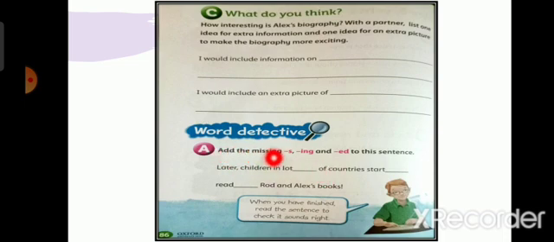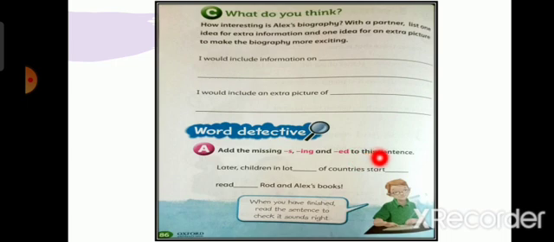Later, children in lot. What will we add here? s, ing, or ed? You are right, we will add here s, then it will become lots. Later, children in lots of countries start.